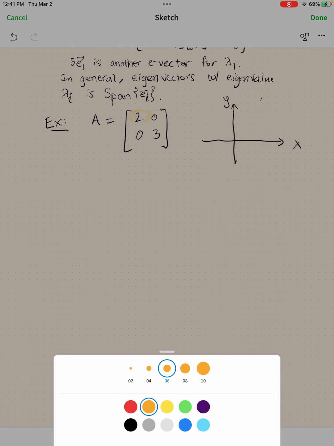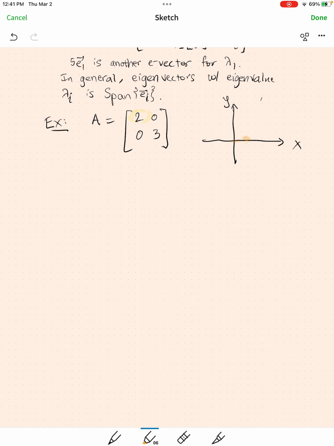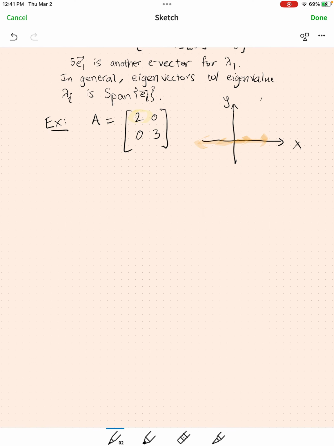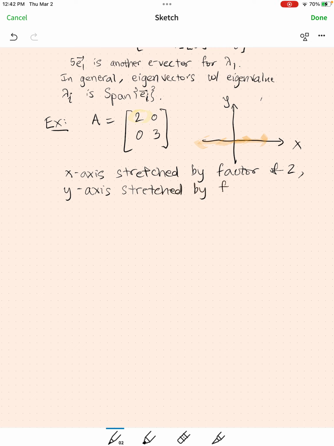So e1 is going to go to 2e1, and negative e1 is going to go to negative 2e1, and so on. So the x-axis is stretched by a factor of 2, and the y-axis is stretched by a factor of 3.